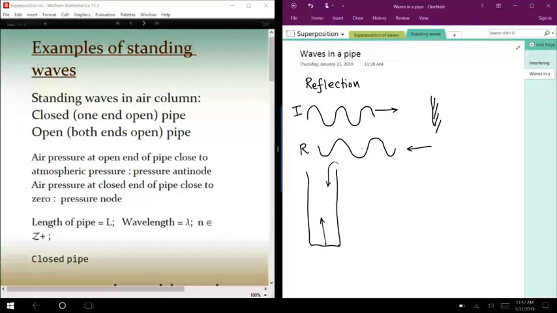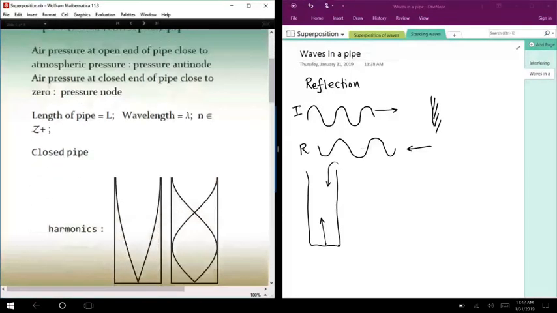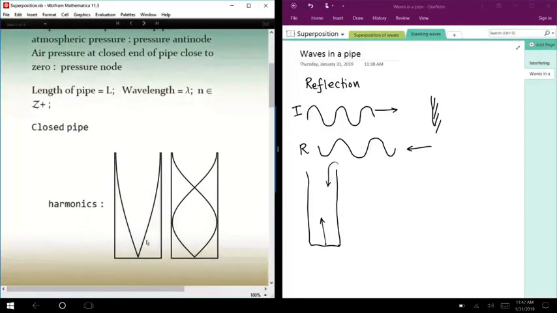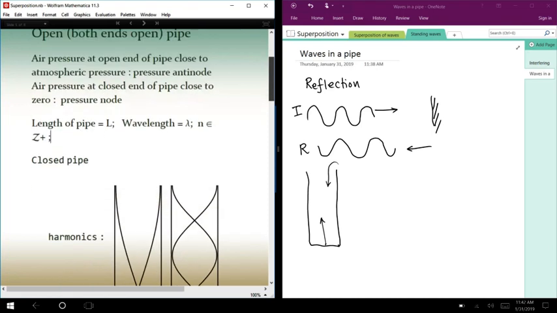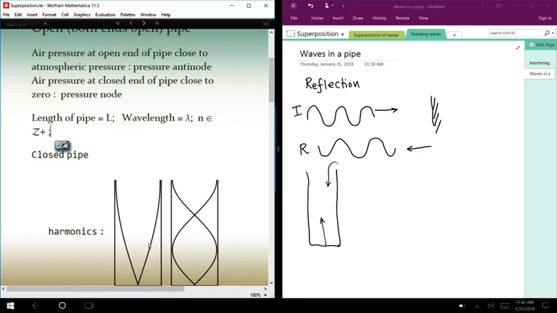And a pretty common example of that standing wave is this picture over here. You can think of the waves as going in, reflecting, and coming back, forming an interference pattern. The idea for this interference pattern is that this is essentially a pressure wave, because sound in air moves as pressure waves.